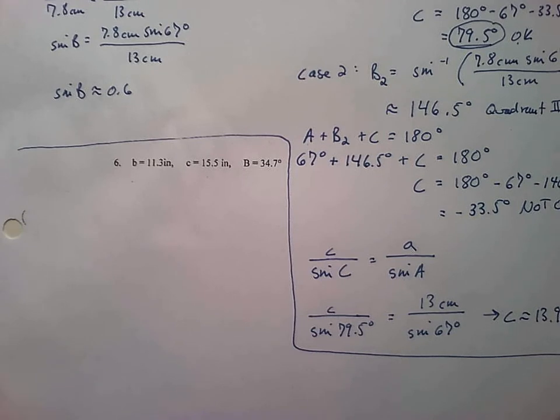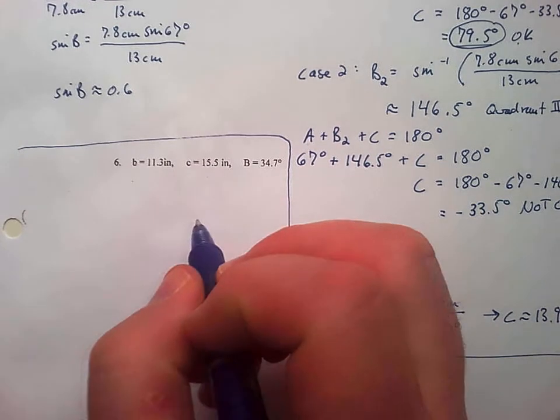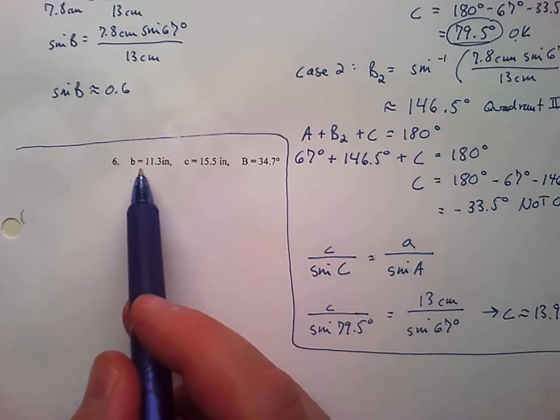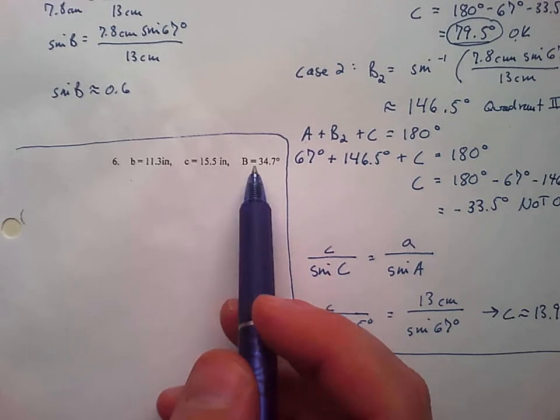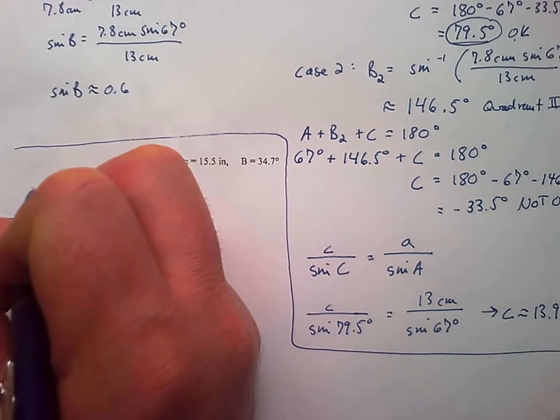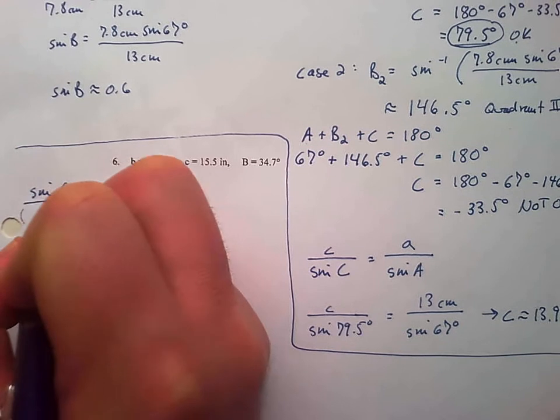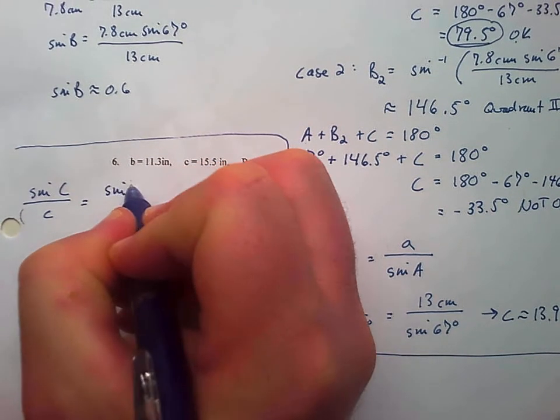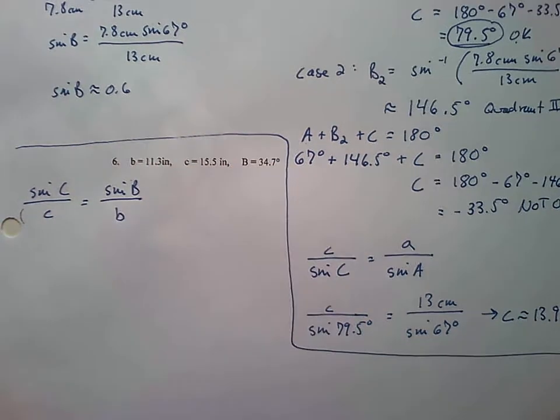If you need to, rewind the video, watch number 5 again first, and then attempt number 6 by yourself. But first, here we have side B and side C and angle B. So therefore, what we can do is we can say that sine of C divided by C is equal to sine of B divided by B.